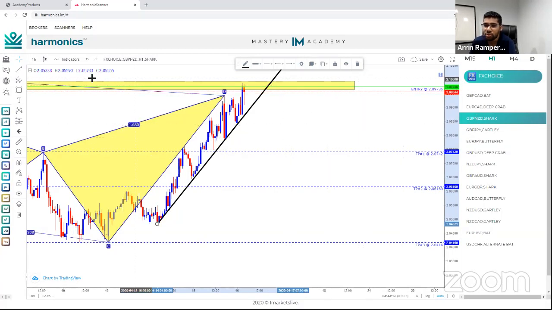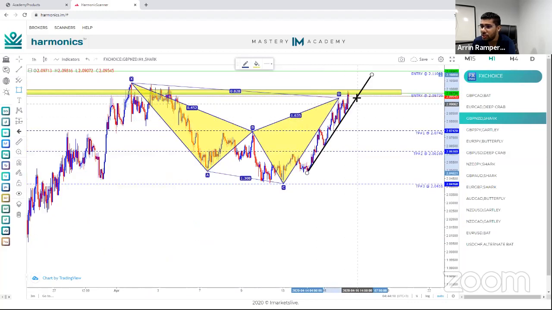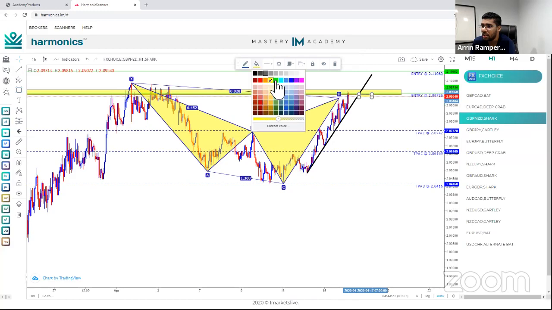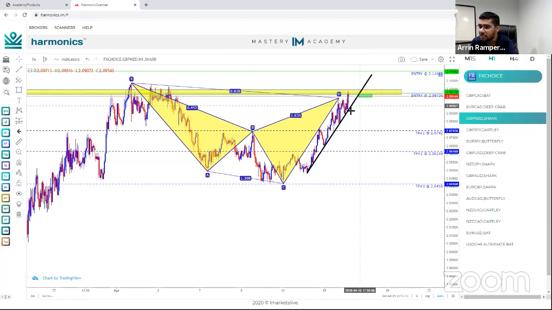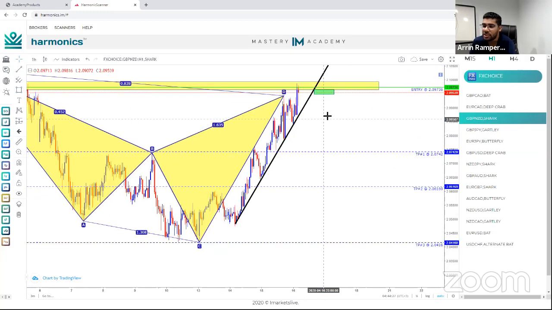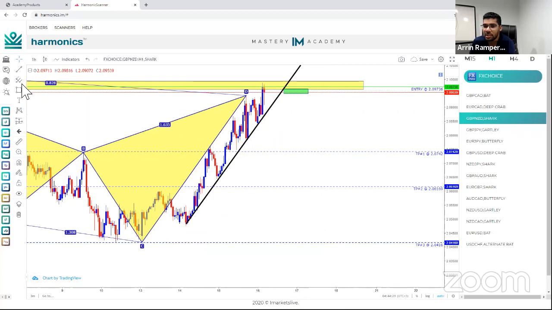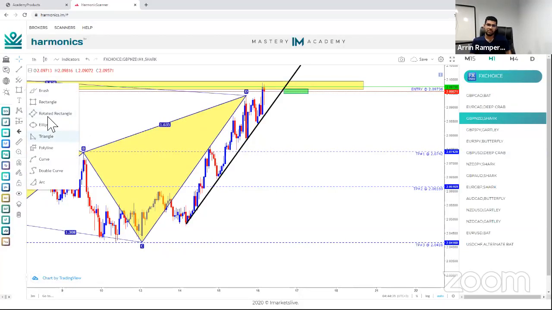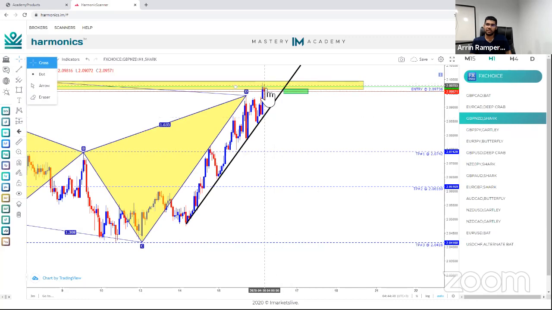So the best and safest entry is going to be on this side of the trend line. However, for those riskier traders, which is not guaranteed, for those who like to live life on the edge, some people like to sell this.